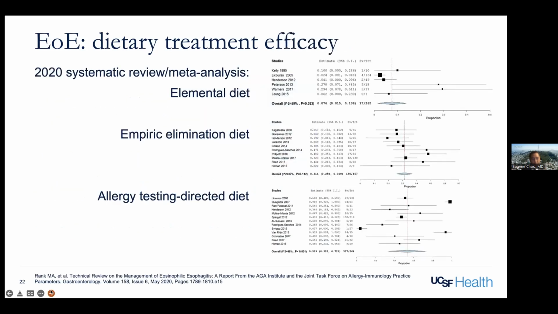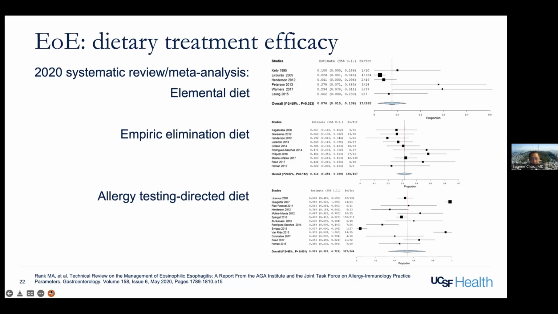So in terms of which one to choose and what the evidence really says, a lot of studies have been done over the years, and one of the most important and most recent ones was a very, very well done, very large meta-analysis and review in 2020.